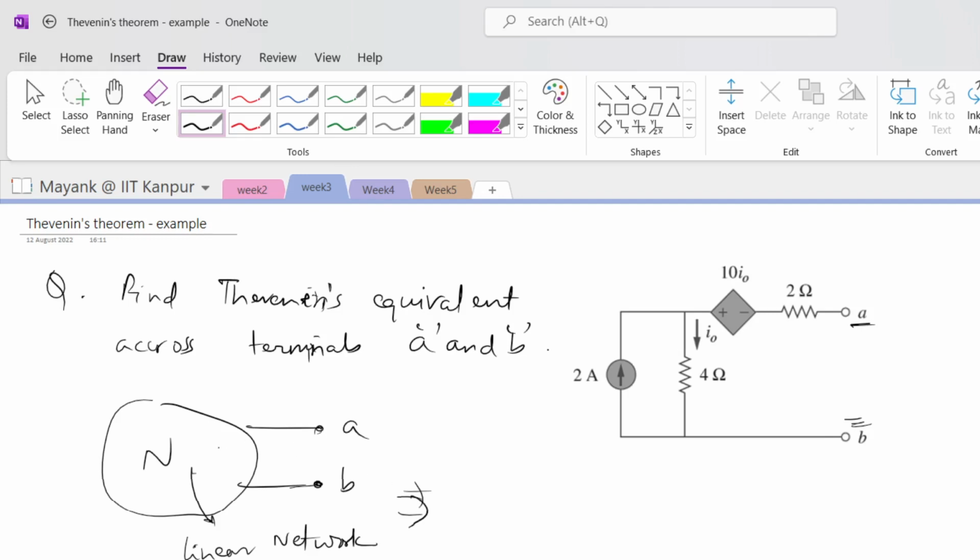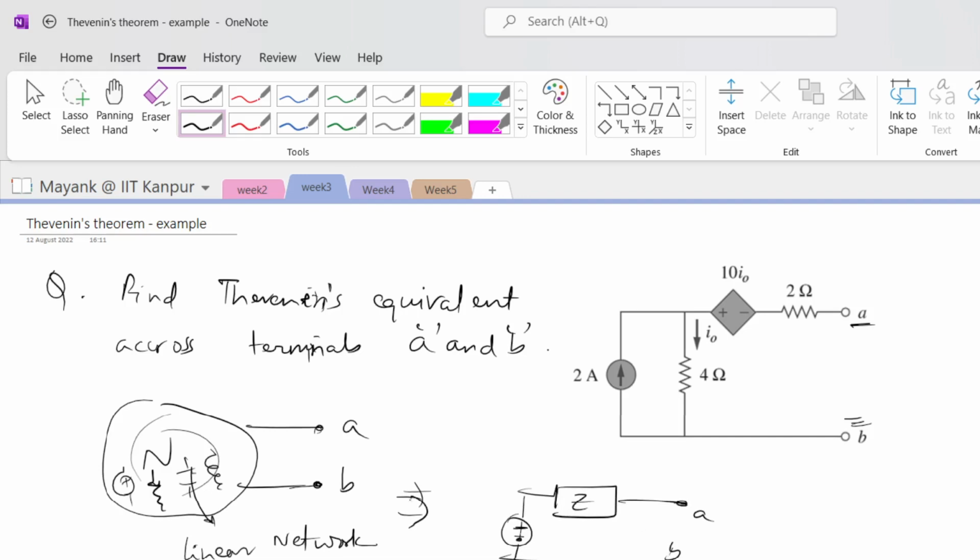This network can contain all sorts of things, like voltage sources, resistances, capacitances, inductors and all. So you can replace this network with some equivalent voltage source and some equivalent impedance Z.